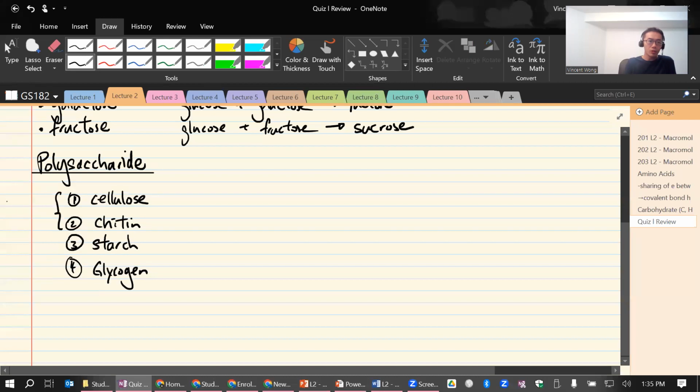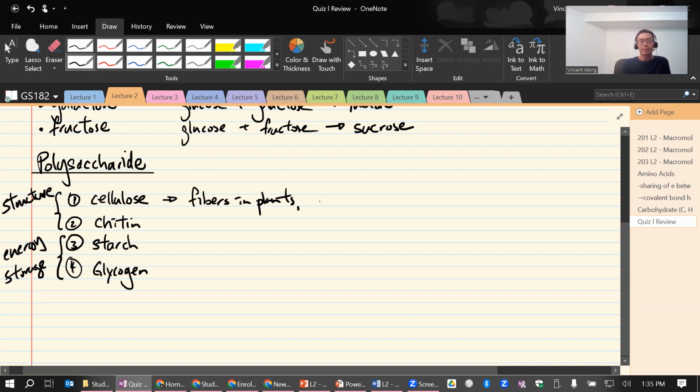So these are for structure, right? These are for energy storage, right? So cellulose, they are like the fibers in plants, the cell wall of plant cells, right? They provide structural support in plants, essentially.